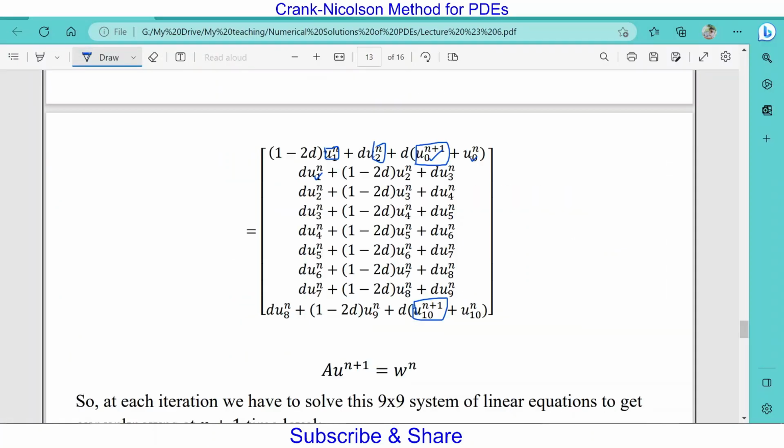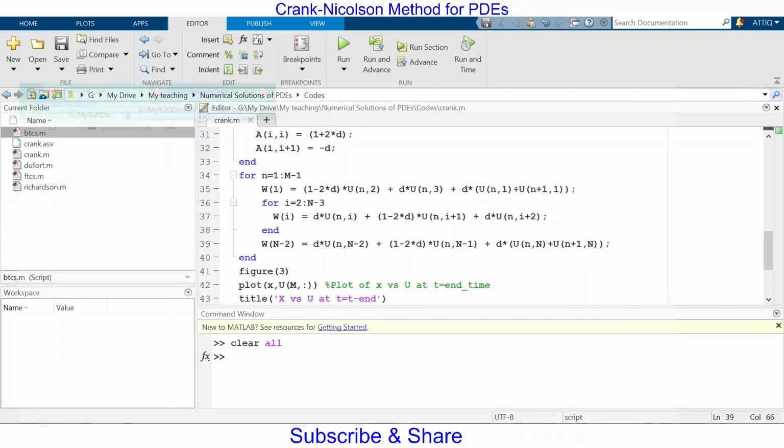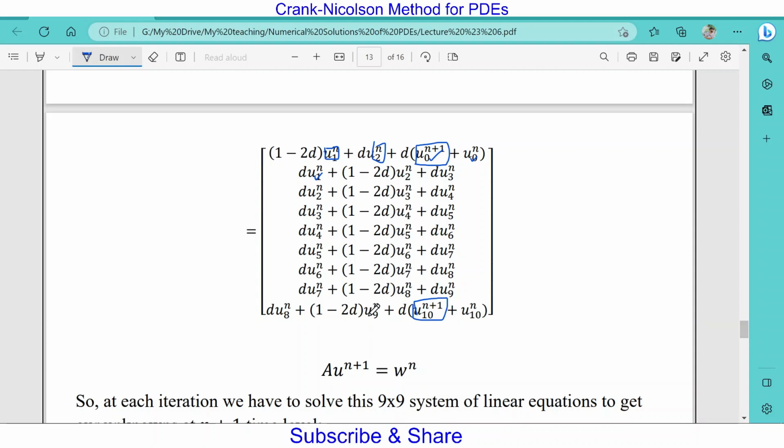Compare from here. Since this is the ninth equation, where we have 9 we will use n minus 2 of course, and for 10 it will be n minus 2 plus 1, which will be n minus 1, and for 8 it will be n minus 3.